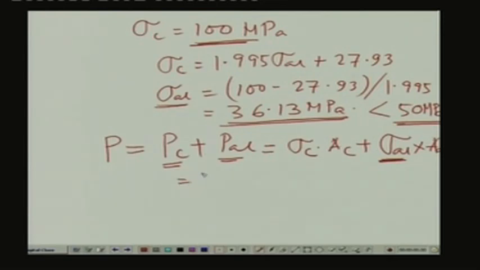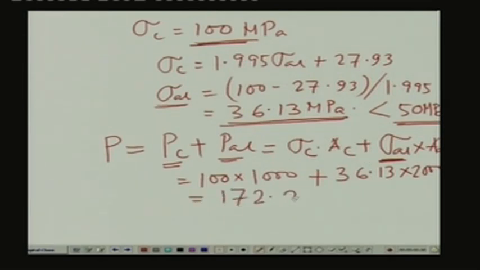Now, this is equal to 100 multiplied by the cross sectional area of the copper, which is 1000 millimeter square, plus the allowable sigma of 36.13 for aluminum multiplied by 2000 millimeter square, and this eventually gives 172.26 kilonewton.